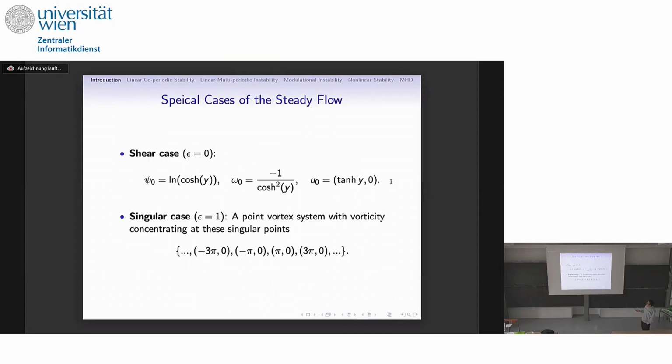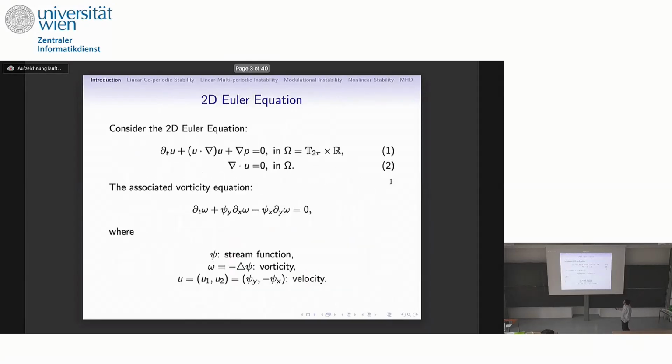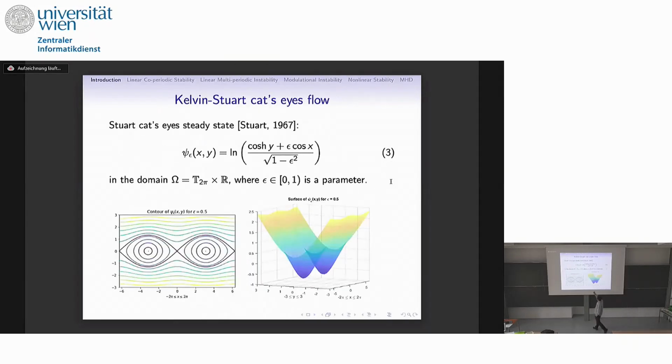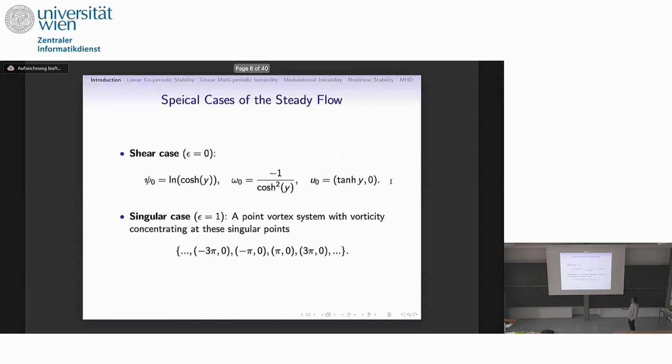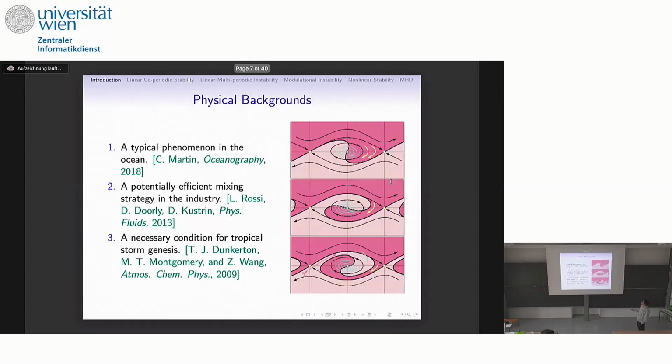Then this will give you a point vortex system in the limit. In other words, the vorticity will be a delta function concentrated at the lattice points. So you'll get a point vortex system consisting of a bunch of point vortices. This is the singular limit.